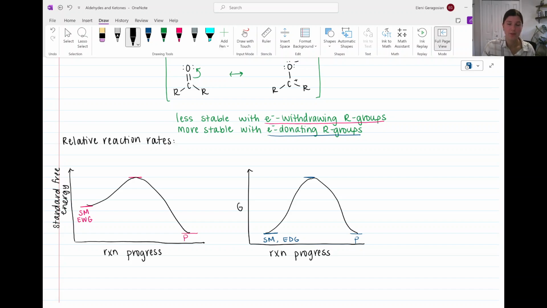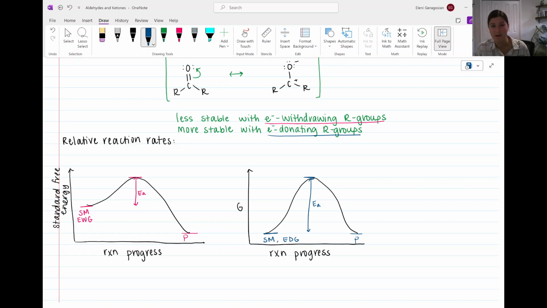Now remember, the reaction rate for a reaction depends on the activation energy going from the starting material to the transition state. A lower activation energy would result in a faster reaction.